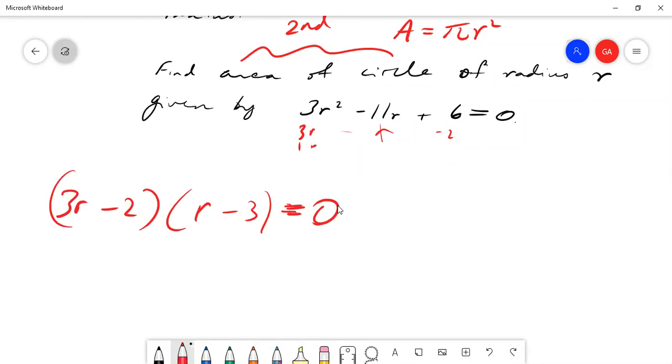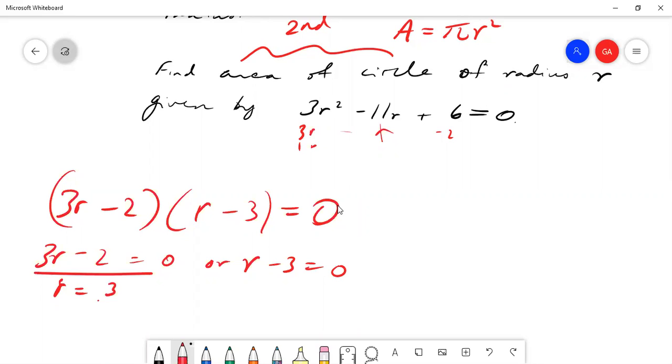And now I use the zero product property to solve this equation, and I would get two statements. And so you can see that we're going to have two possible areas, which is actually kind of interesting, right? Because I want to have two solutions to this equation. The solution to this equation is the radius is 2/3. The solution to this equation is the radius is 3. So I'm going to have two areas.